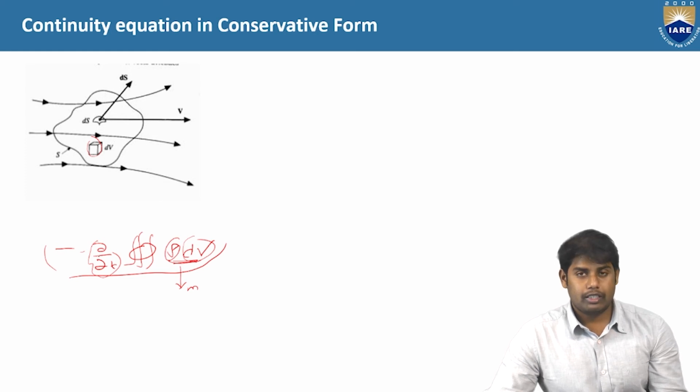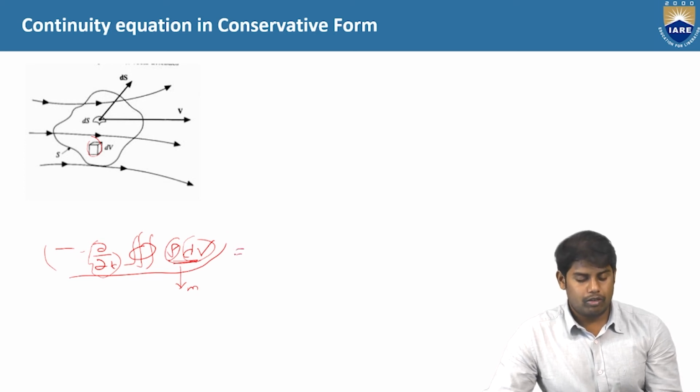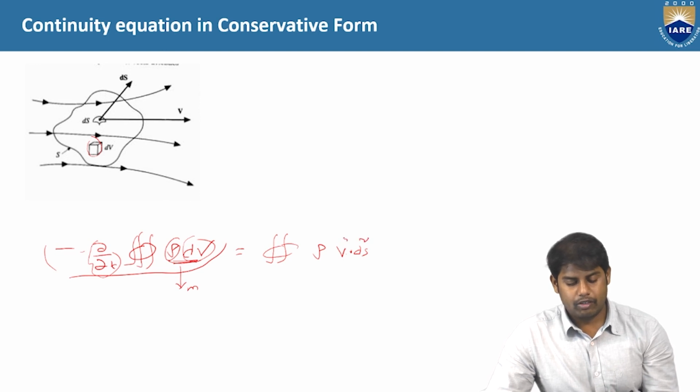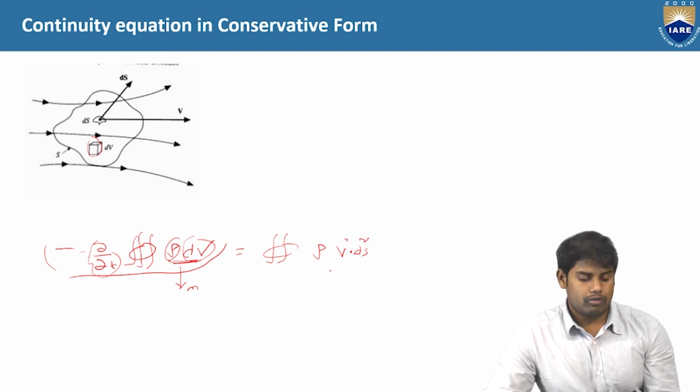Dou by dou t is the rate, and negative is the decrease, and this will be equal to the flow which is leaving the control surface. That is written as the surface integral of rho v dot dS, where dS is the area vector and v is the velocity vector.